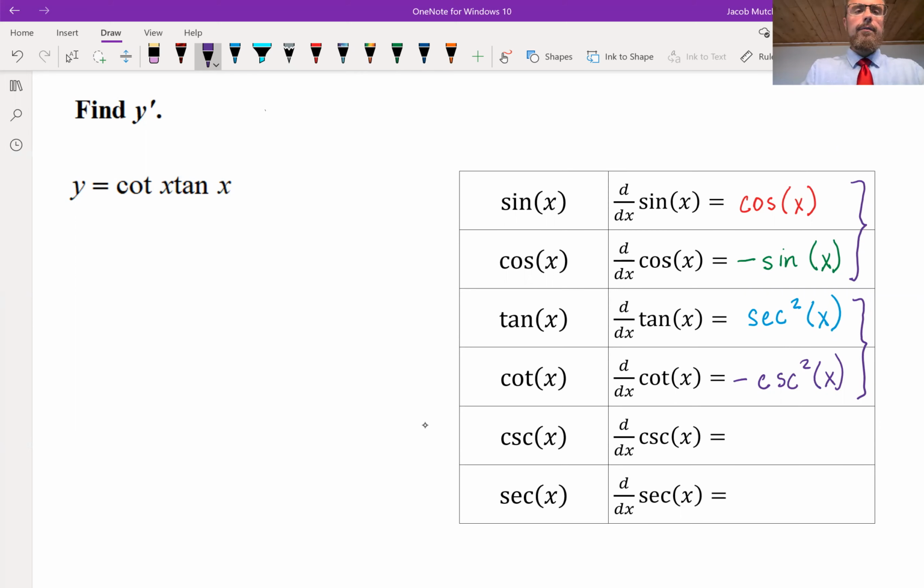And so I need to mind my product rule. So remember what product rule says.